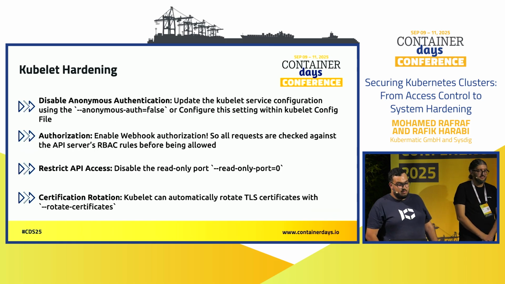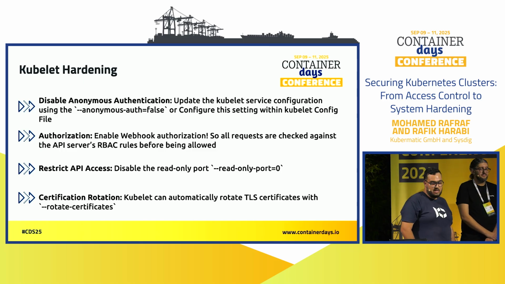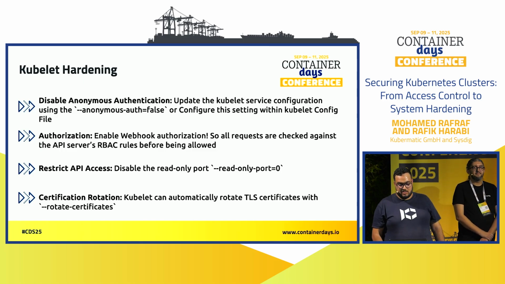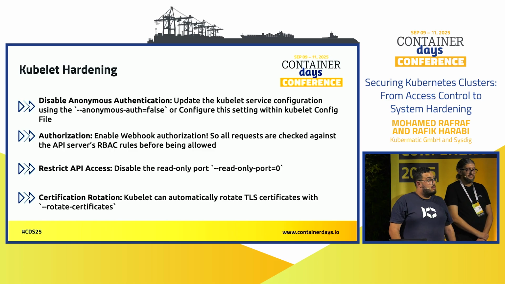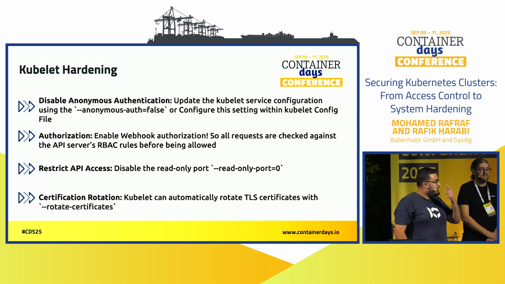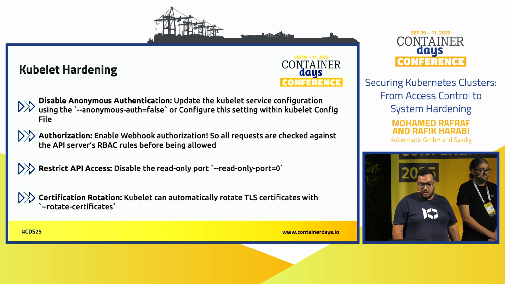Kubelet hardening. We know that the kubelet runs on all our Kubernetes nodes and acts as the Kubernetes agent, so securing it is crucial. It's recommended to start by turning off anonymous authentication, to make sure that everyone trying to authenticate to our kubelet has an identity.